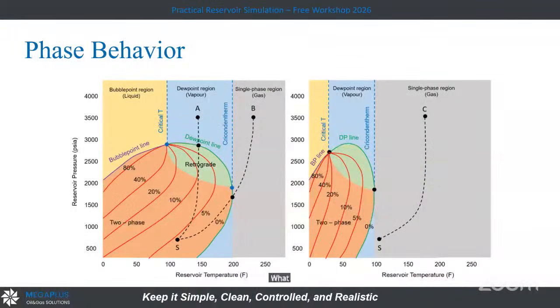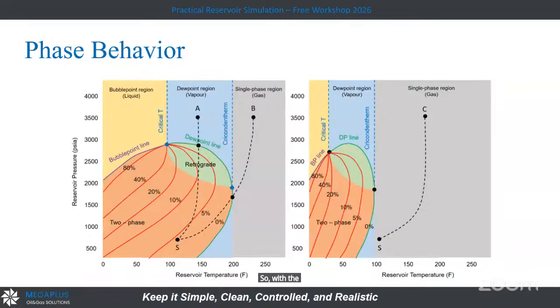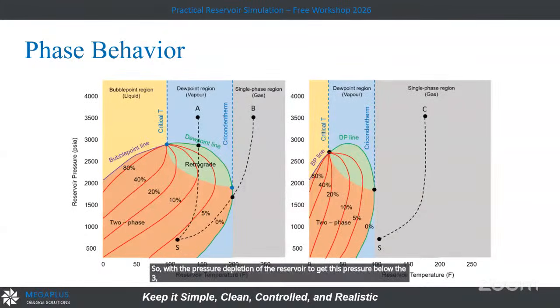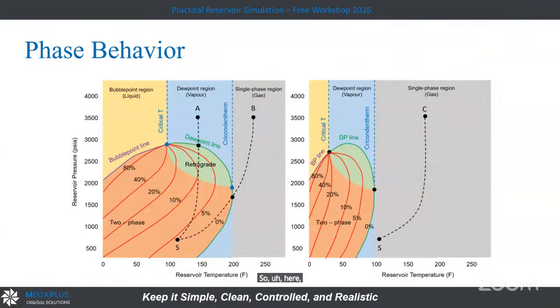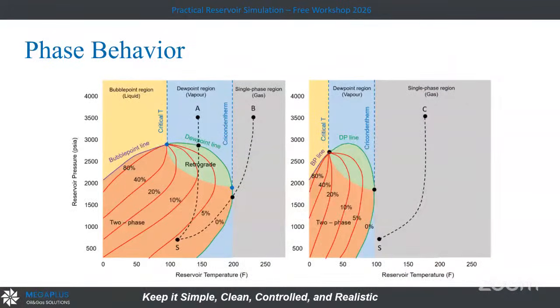What will happen if the fluid has a dew point, as an example, at 3500? With pressure depletion of the reservoir, when the pressure goes below 3500, starting from this point the separation will happen, and I will have two phases separately: liquid as condensate and gas as a gas phase.